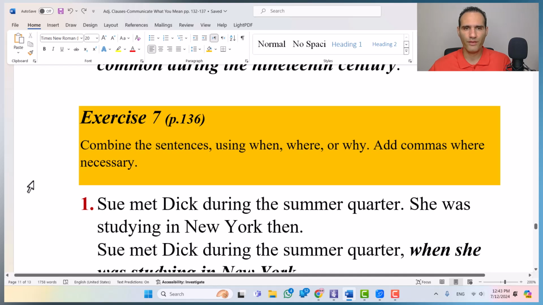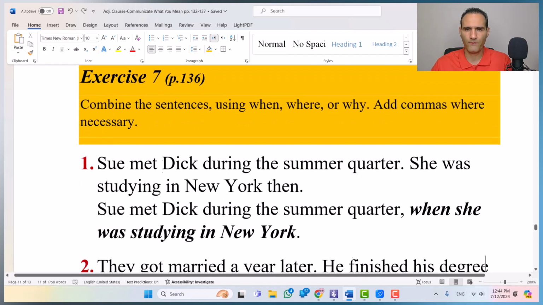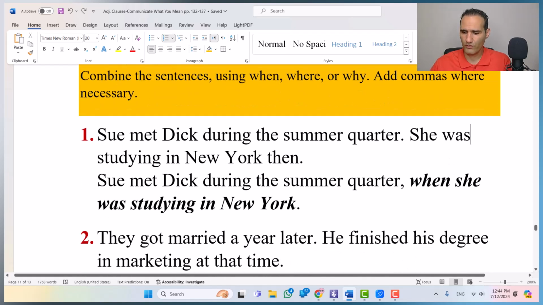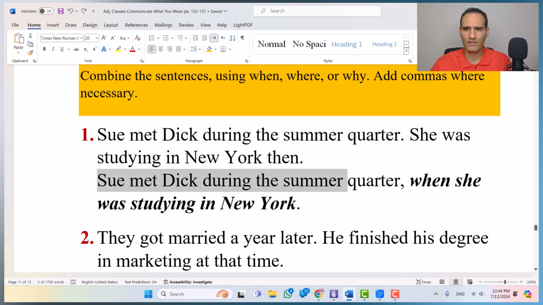Exercise 7, 136. Combine the sentences using when, where, why, and add commas where necessary. Again, a very beautiful, useful exercise. It says, Sue met Dick during the summer quarter. She was studying in New York then. Sue met Dick during the summer quarter. It's clear, so unnecessary.